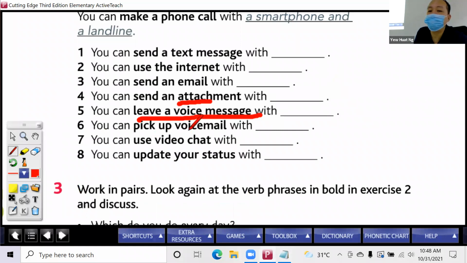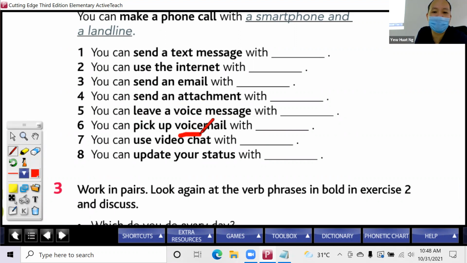So do you leave a voice message? Okay. What's this? Correct. Yes. One more time, please. Correct. Voicemail. Yes. So wait.